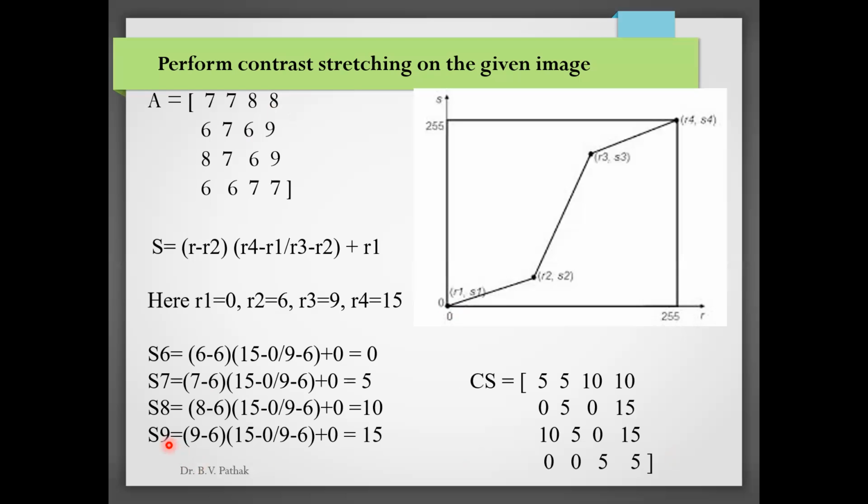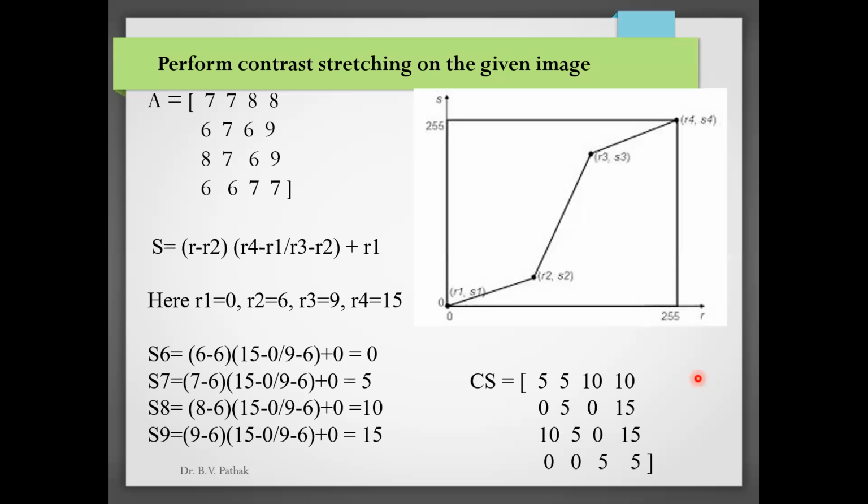And the new value for pixel 9 is 15. So just replace them accordingly. Now 7, 7, 8, 8: 7 is 5 and 8 is 10, so 5, 5, 10, 10, and so on. This 9, 9 becomes 15, 15. So this is the new contrast stretched image.